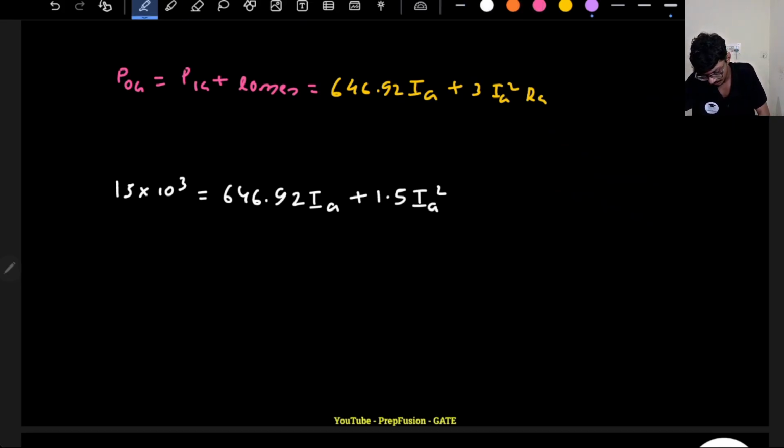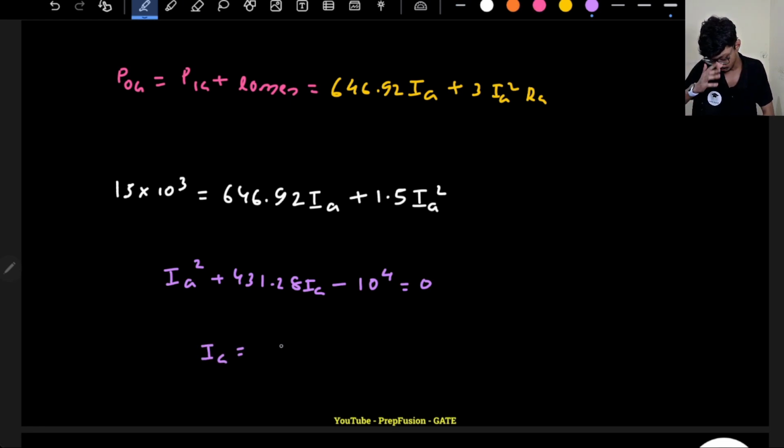So from here I can easily find this value. It is just a quadratic. So IA square minus 431.28 IA, if I divide by 1.5, minus 10 raised to the power 4 equals 0. If I solve this quadratic, I will get two values of the IA current.